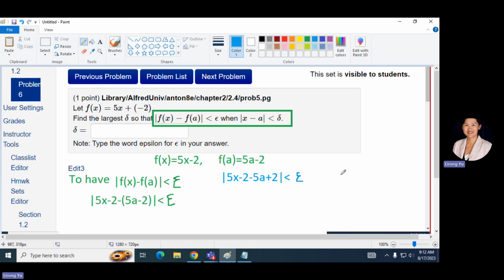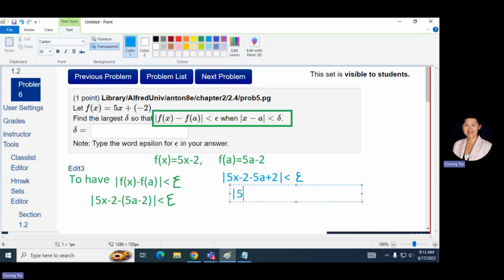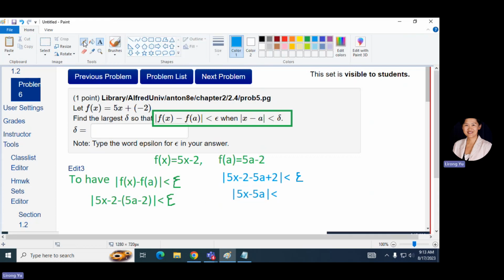Same equation, we're slowly changing it, and then we realize that negative 2 and plus 2 cancel. So you have a slightly shorter representation: the absolute value of 5x minus 5a is less than epsilon. So far that's all we analyzed for f of x minus f of a.